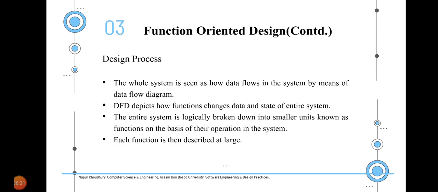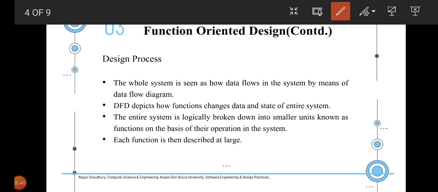Moving ahead, in the function oriented design process, as already discussed, we are dealing with functions and the various data that goes in and goes out of that particular function. So the whole system is seen in terms of how the data flows in the system by means of a data flow diagram.